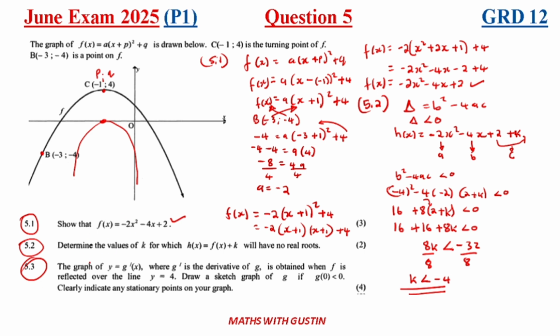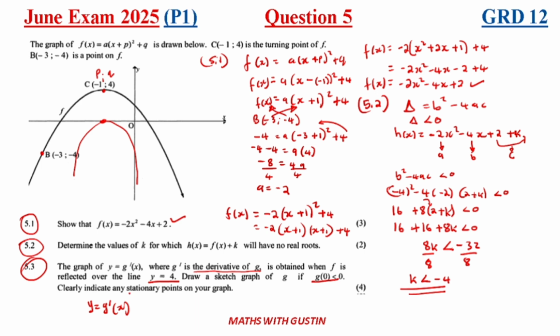5.3. 5.6 says that the graph of y, right? So we need to listen very carefully. The graph of y, which is y equals g prime of x, where g is a derivation of g, is obtained from f if reflected over this line. And then they said draw a sketch of g for g less than 0, clearly indicating stationary points.